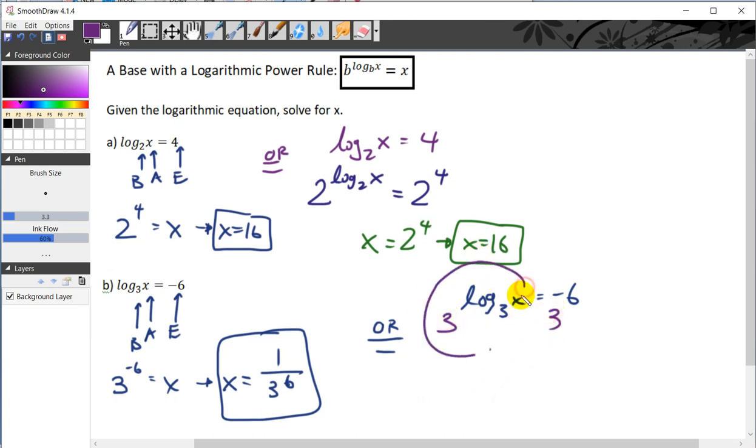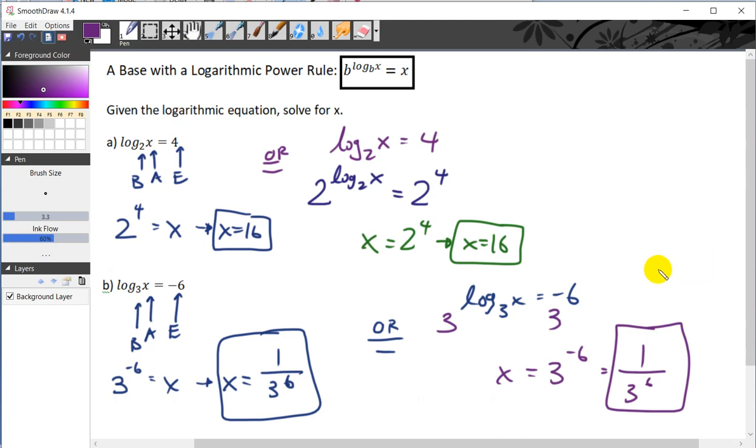So this expression is equal to x. So x equals 3 raised to negative 6, and that's the same thing as 1 over 3 raised to 6. However you want to do it is entirely up to you. Okay, so let's go ahead and look at more examples.